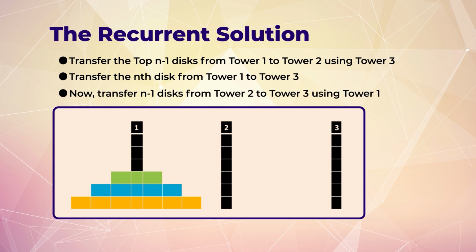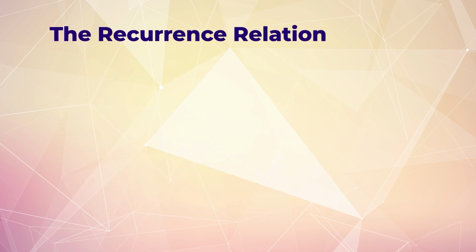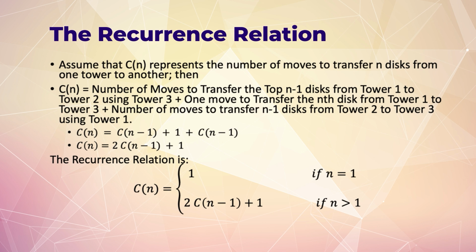Now, what is the recurrence relation for this problem? Assume that Cn represents the number of moves to transfer n disks from one tower to another. So, we are giving the function the name Cn. Then Cn will be defined in terms of our solution: first we transfer n minus 1 disks from tower 1 to tower 2 using tower 3.